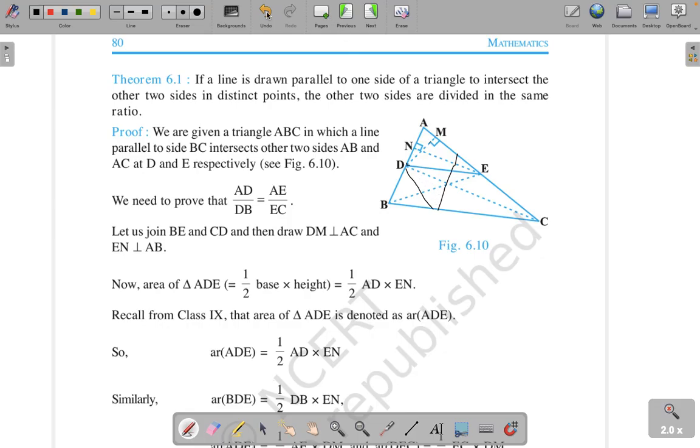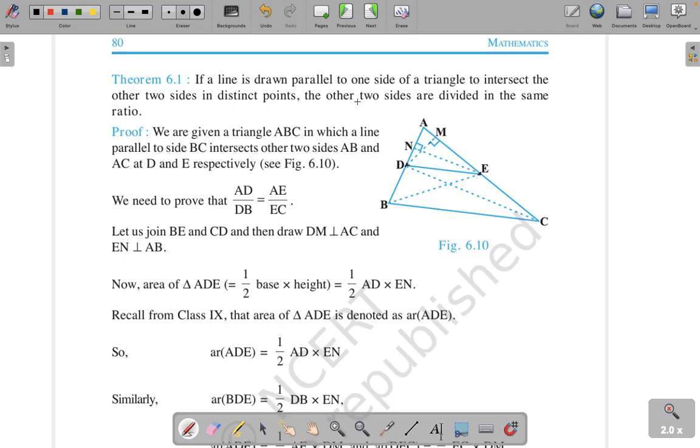So they have taken this one as an example, right? So if a line is drawn parallel to one side of a triangle, so this line is drawn parallel to one side of a triangle, to intersect the other two sides. So these are the other two sides, right? So this line is parallel to one side and intersecting the other two sides, at distinct points, because these two points are different.